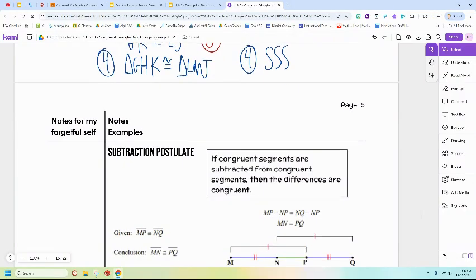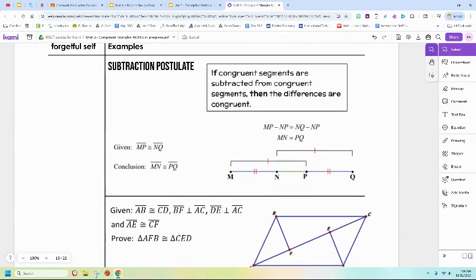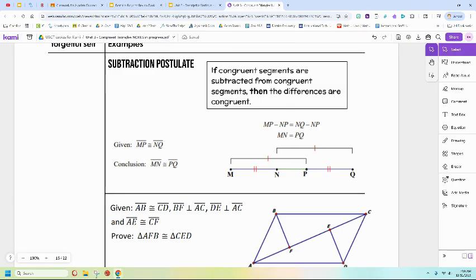Let's turn the page, and here we go for our subtraction postulate. And so once again, you can always just explain what you're doing. So an explanation of what's happening is if congruent segments are subtracted from congruent segments, then the difference of those segments are also congruent, okay? Let's look here at what we have.